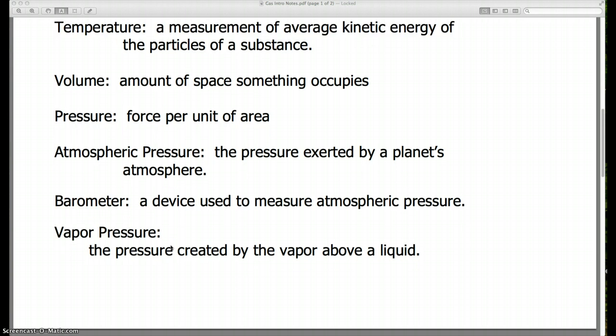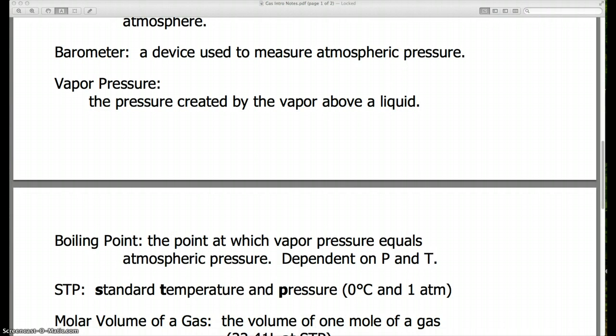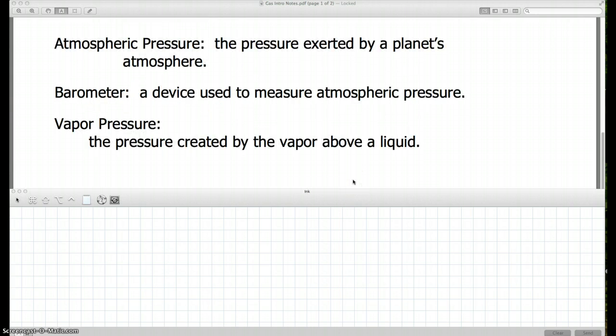Vapor pressure is created by the vapor above a liquid. Now, if I have a glass of water, at the surface of that water, some of those H2O molecules are breaking away from the liquid state and they are becoming gaseous H2O.